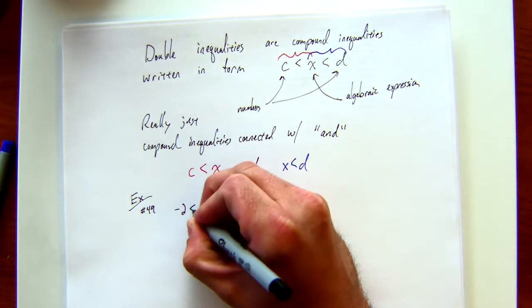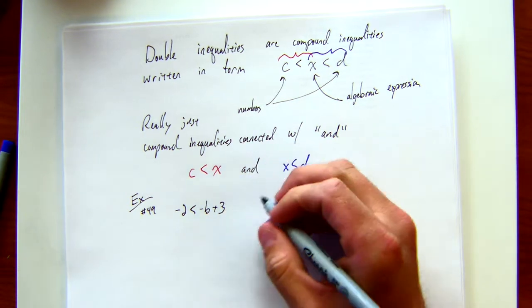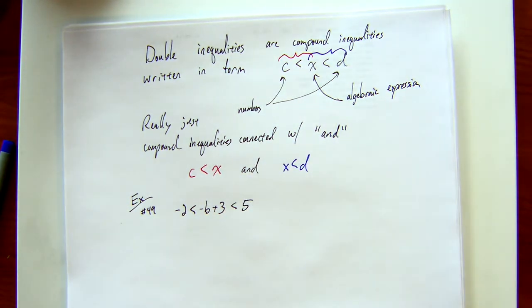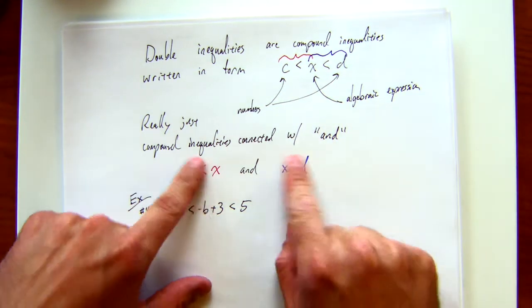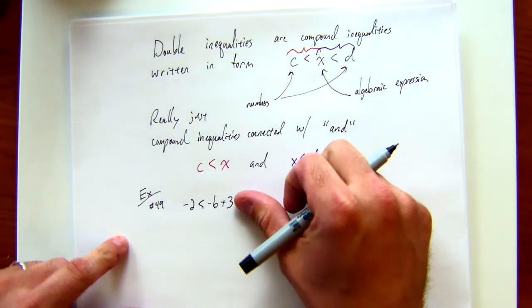Negative 2 is less than negative b plus 3, which is less than 5. Now, I will say you can break this up into two separate inequalities like this and solve each one. In fact, I'll do that first. So what's the first inequality that we get?